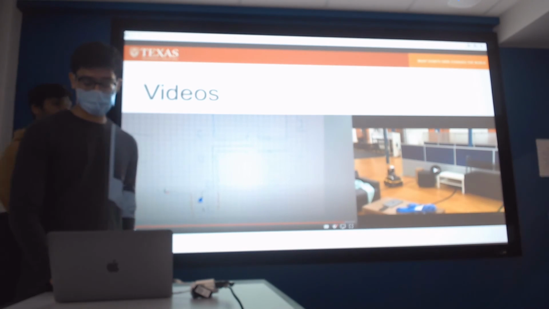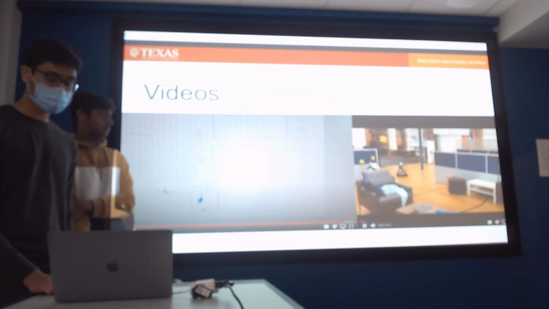All right, and this is the same model being deployed on the robot.